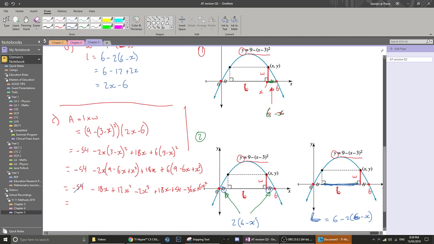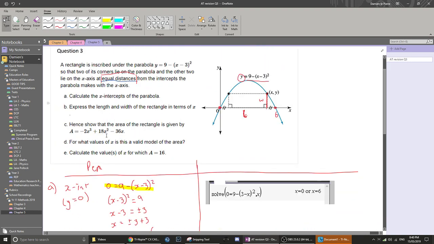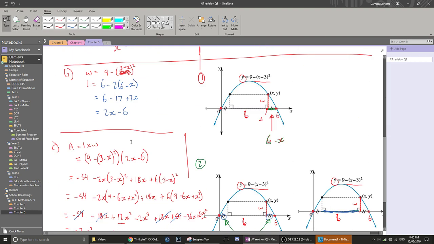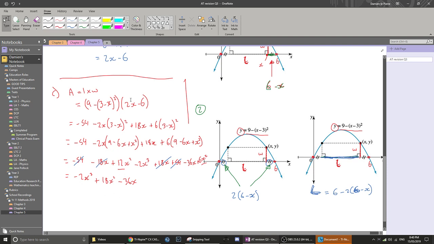We have a minus 54, a plus 54. We have a minus 18x, a plus 18x. We get negative 2x cubed plus 18x squared from that one, and then minus 36x. And let's check the problem if that's what we're after. Yes, it was. And that took a minute or two.